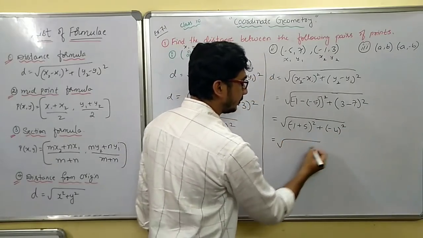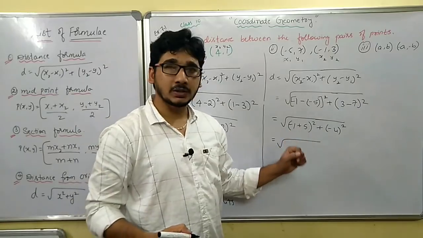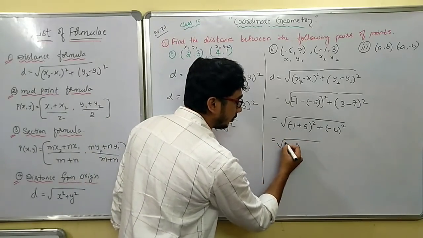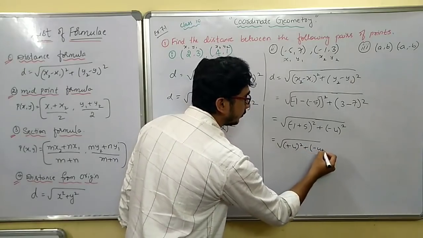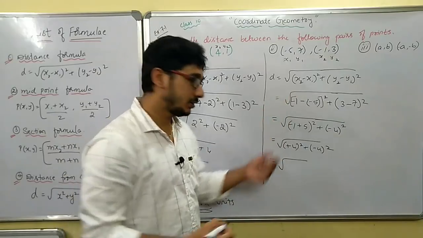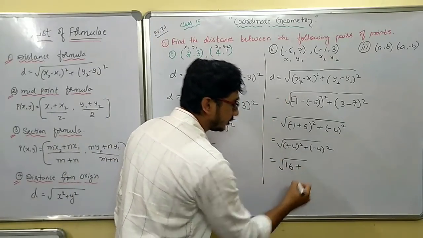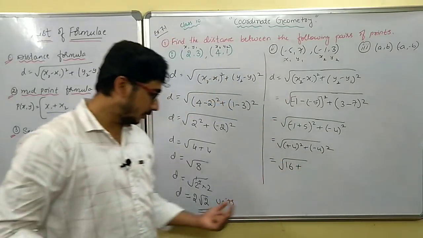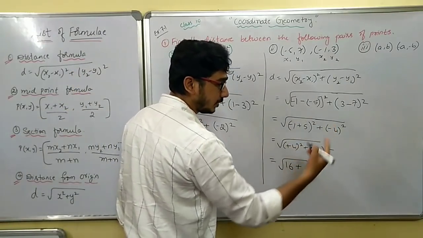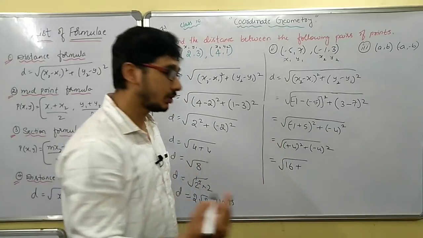So minus 1 plus 5 means subtraction, how much? Plus 4. Plus 4 whole square. Here minus 4 whole square. What will happen? 4 4s are 16 plus, here you remember, I already told for this problem, like that only. Minus 4 into minus 4, minus into minus plus, 4 4s are 16.